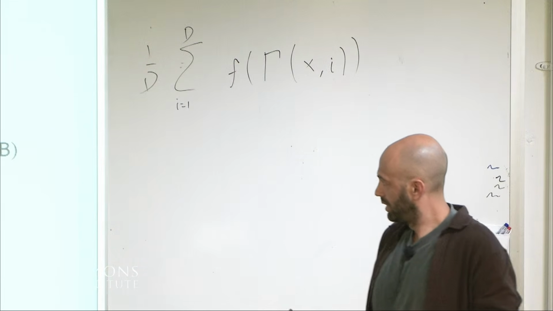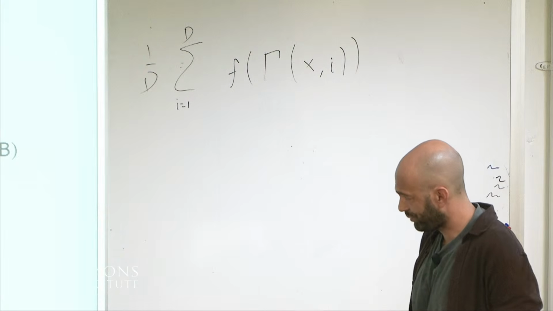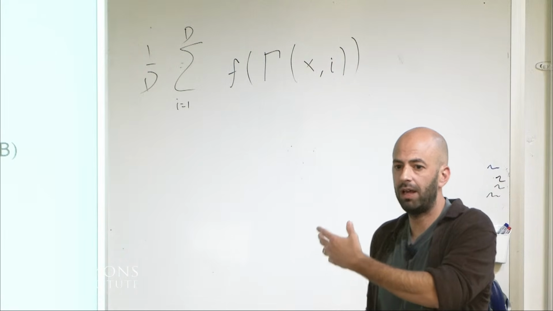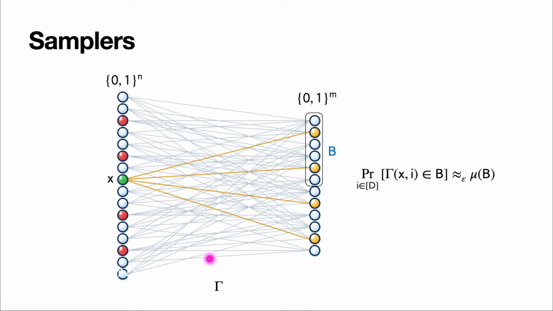Good. Okay, so just pictorially, we like to think of a sampler as a bipartite graph, where for any set on the right-hand side, there will be some bad elements on the left-hand side. Note that the bad elements depend on the set that you want to sample on the right-hand side. But any good element sees roughly the correct fraction of elements in B or not.